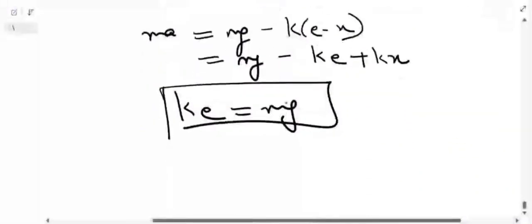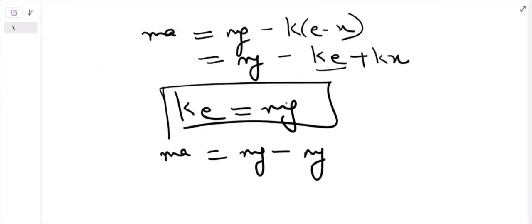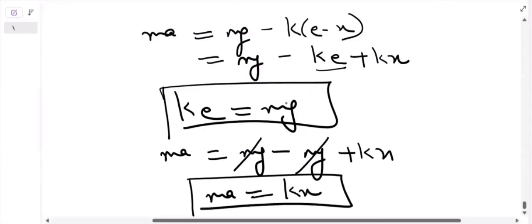Done. So your ke is mg. So here I can replace it: mg minus mg plus kx. It will get cancelled out. Hence my ma will be kx. Clear? Yes, ma'am.